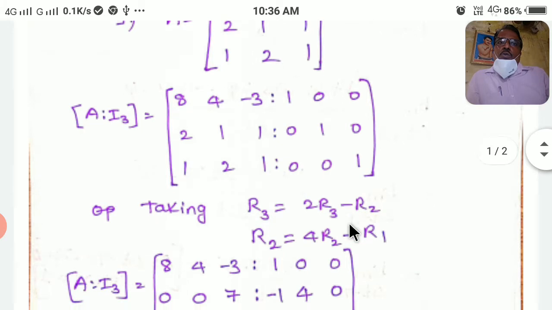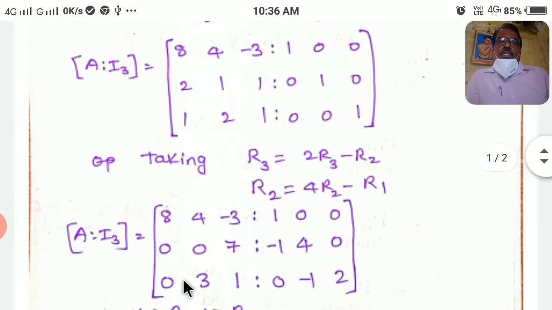So what we do? We multiply 2 with R3 and then we subtract the elements of R2. So 2 into 1 is 2, 2 minus 2 is 0. The first element is written as it is, so 8 4 minus 3.